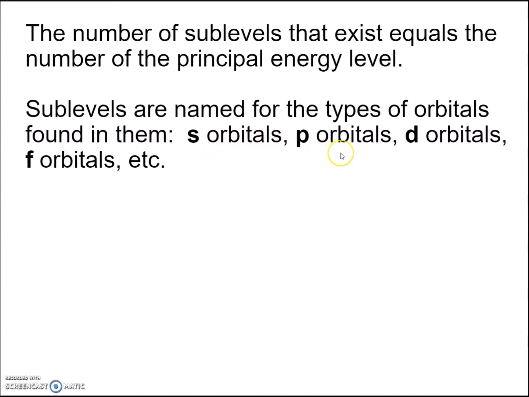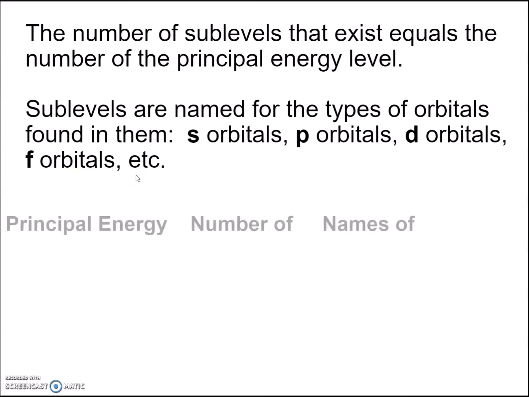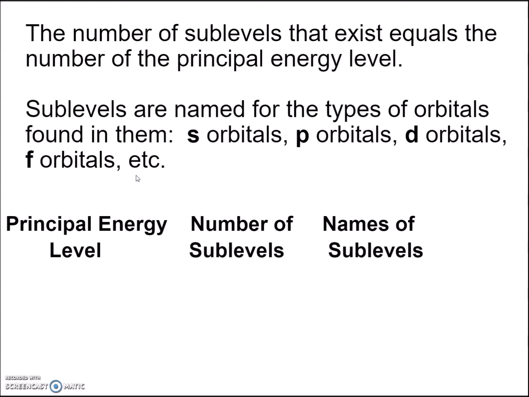A p sublevel will contain p orbitals. A d sublevel will contain d orbitals. And an f sublevel will contain f orbitals, etc., because there really is no limit theoretically to the kinds and numbers of sublevels. So let's make a little chart here.